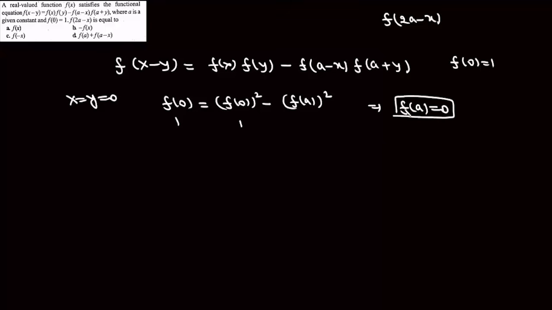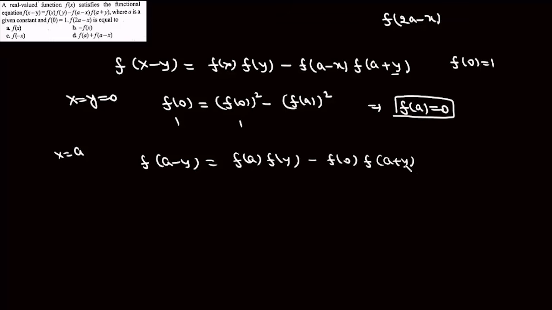Now we need to find the value of f(2a minus x). Now we'll use this. So what we'll do is we'll put x as a. So we'll get f(a minus y) will be f(a) into f(y) minus f(0) f(a plus y). Now f(a) is 0 and f(0) is 1.